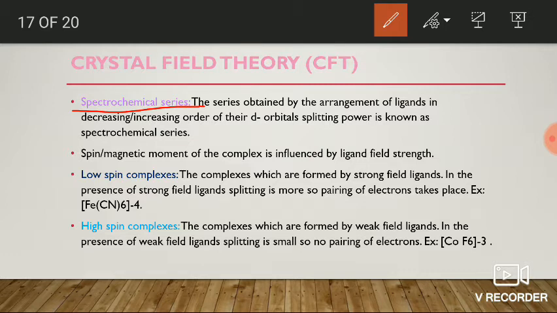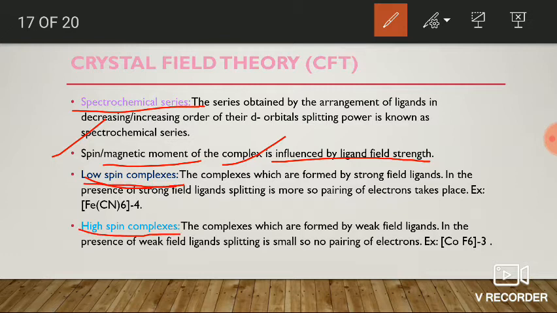The spin values as well as the magnetic moment values of complex compounds are influenced by the strength of the ligand, or field strength of the ligand. So based on this spin value, the complexes are of two types: low spin complexes and high spin complexes.